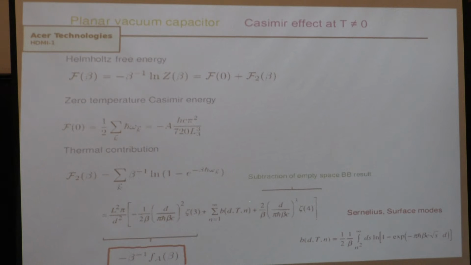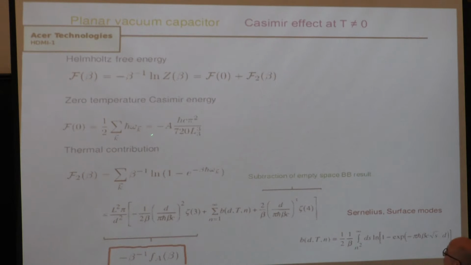And then you have the rest of the contribution, which comes from these two polarizations. So this comes with only one polarization. And then there's the rest of the contribution, which comes from the standard two polarizations, where you have to use the fact that the K3 momentum is discrete now, and you have to subtract the standard blackbody result in order to get finite answers.